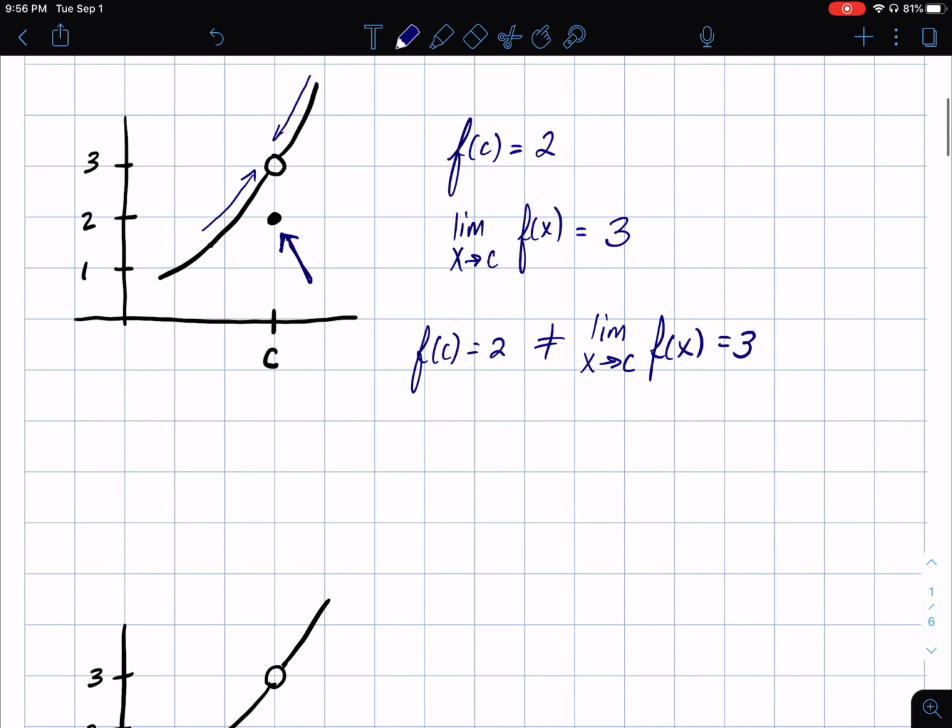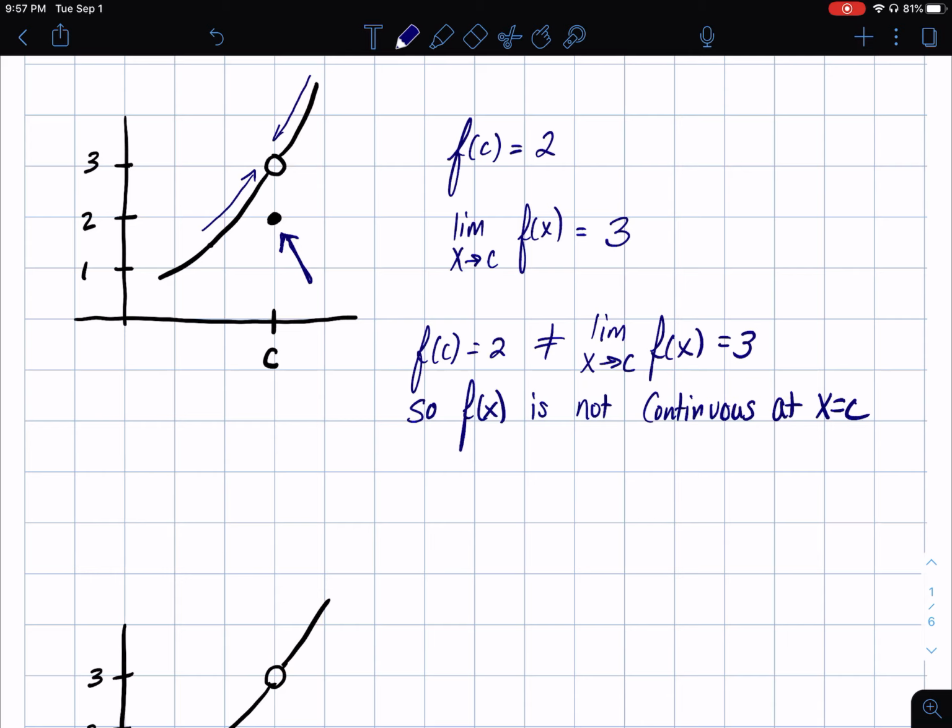So this is the notation that we can write to justify our answer. So f of x is not continuous at x equals c.